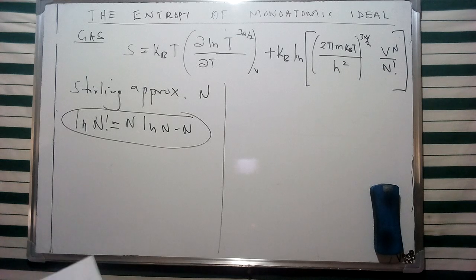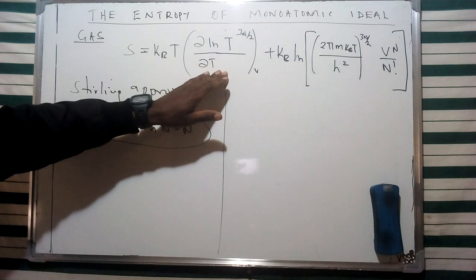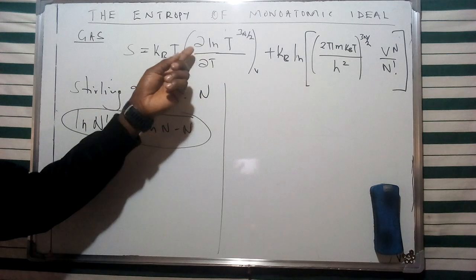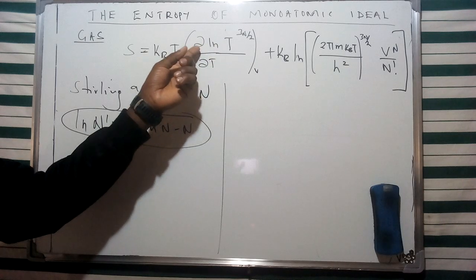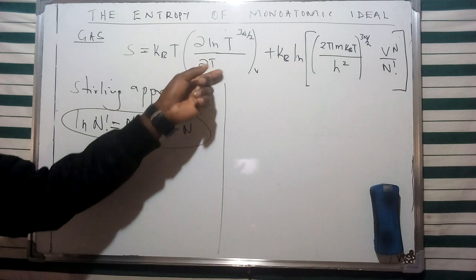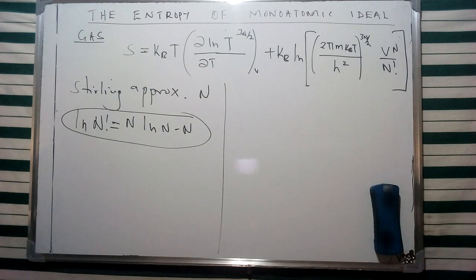Then we're going to do what we call a substitution, and evaluate this specific derivative with respect to temperature for that equation, which is going to be given in terms of the partial derivative of 3n/2 with respect to temperature under constant volume, and see which product we get.